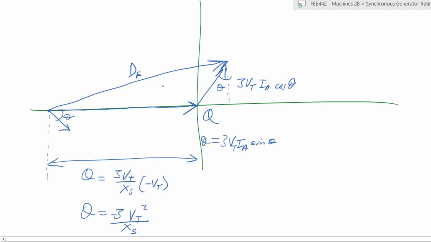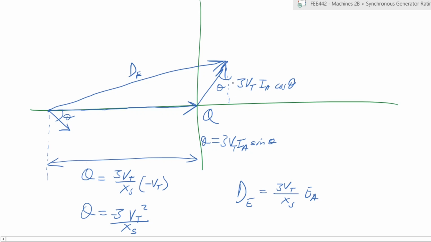And similarly, for DE, you would have our vector here, DE. You would have 3VT over XS into EA. Okay.